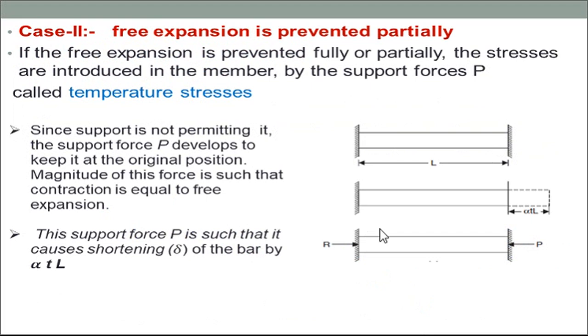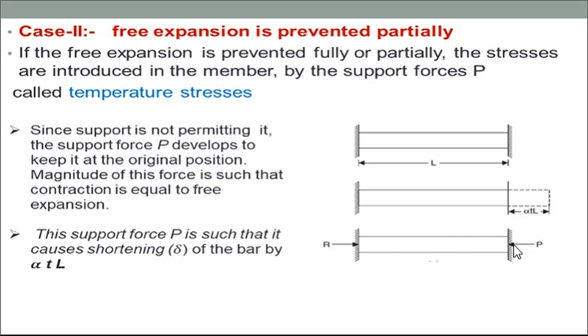The next case is where free expansion is prevented partially. In this figure you can see the bar has support conditions at both ends. The total length is L, and if expansion is allowed, we know the change in length is alpha T L. But with the supports, compressive forces act on both supports, so free expansion is prevented.